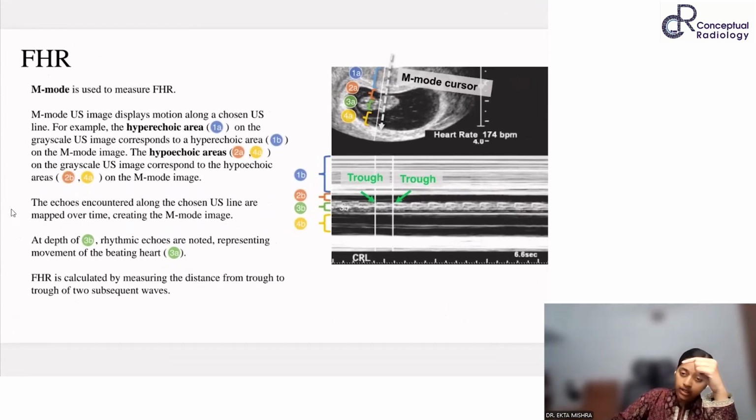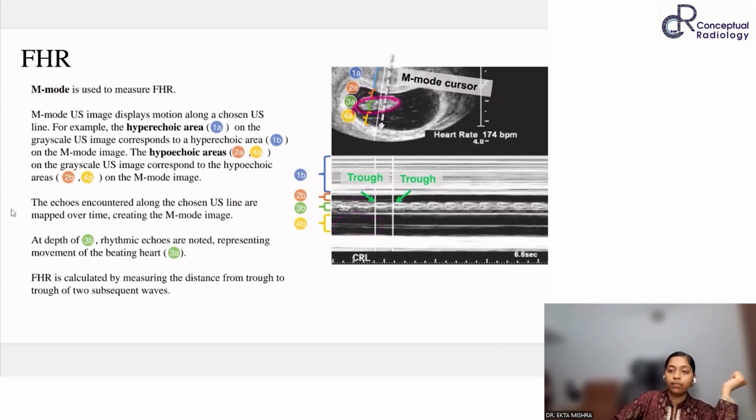The first one, 1A, is the chorionic reaction, and on M mode it will be hyperechoic. The hyperechoic area on the grayscale image corresponds to 1B, the hyperechoic area in M mode. In the same way, the chorionic cavity in 2A and 4A corresponds to hypoechoic areas on M mode as well.